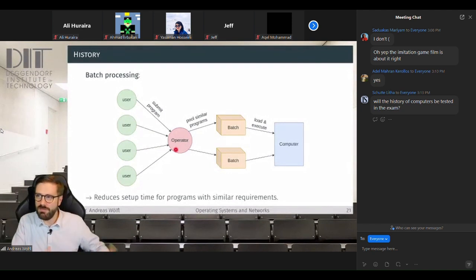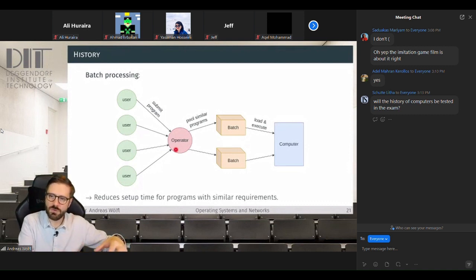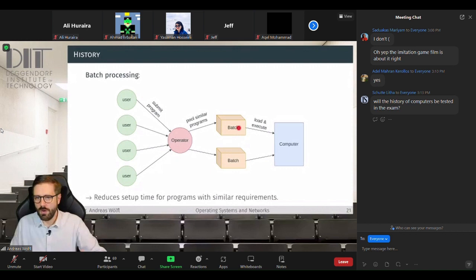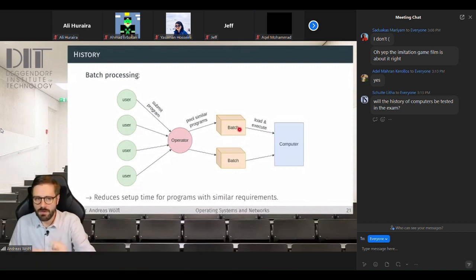If we have 5 programs with the same requirements, you configure the machine once, then run these 5 programs in sequence, and then do the next batch. So the pooling of similar programs is a batch, and you execute one batch with similar configuration after the other in order to minimize the time the operator needs to reconfigure the machine.